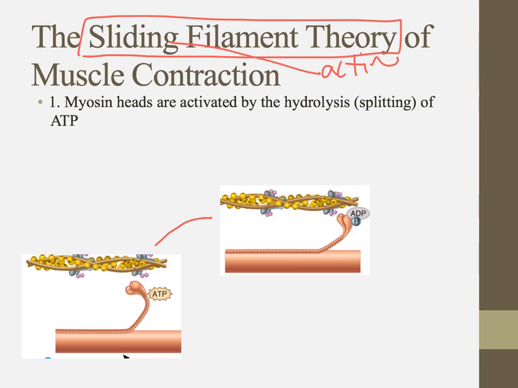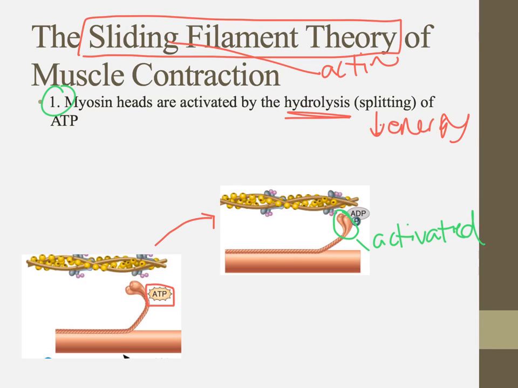In order to get from here to here, I'm going to need this myosin head to get activated, and it does that by splitting ATP. Okay, so it's going to hydrolyze this ATP. That's going to release energy, and it's going to cause this myosin head to become activated. Okay, so this myosin head is then activated. That's step one, happening right here.